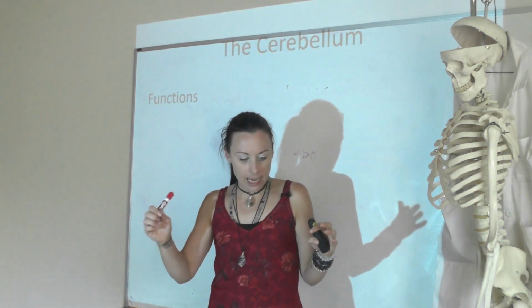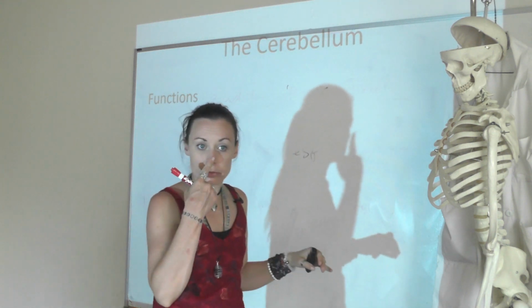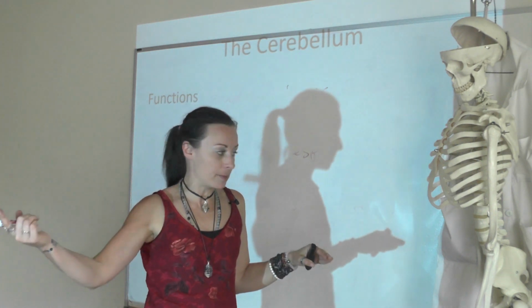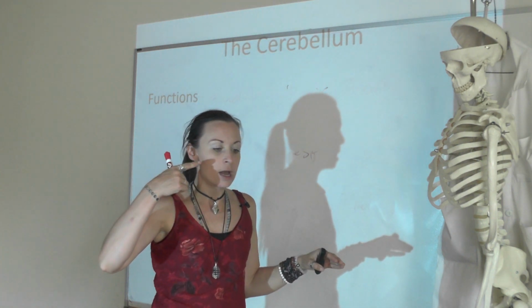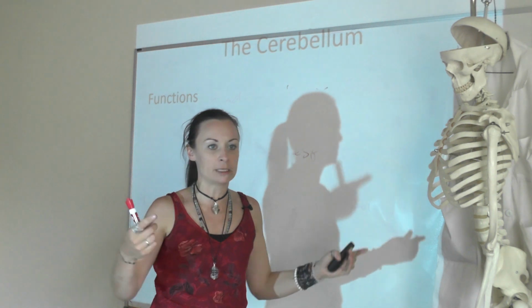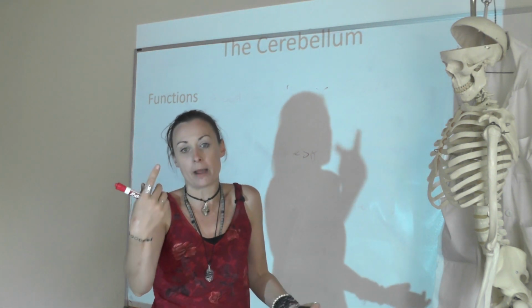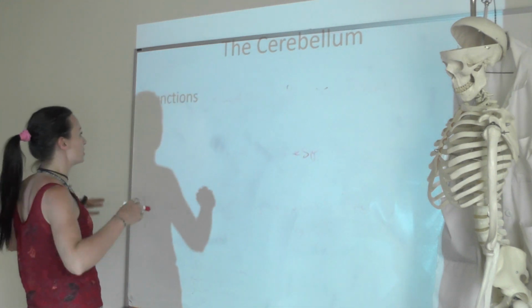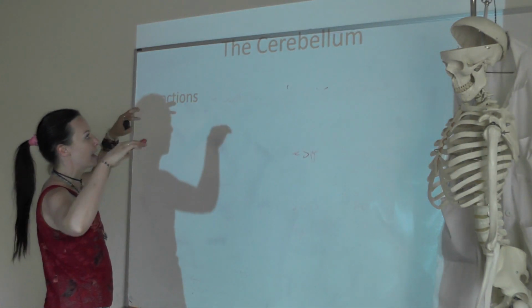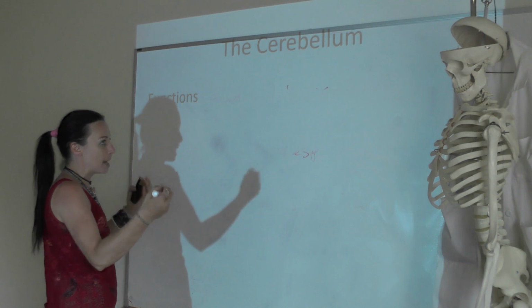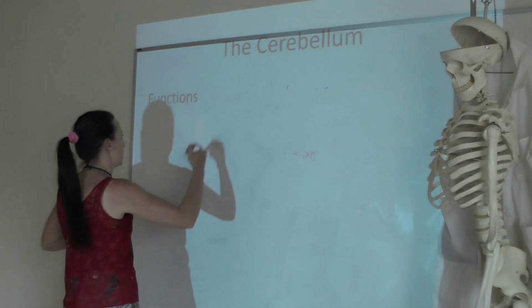So let's say I want to be touching my nose, but instead I am aiming to touch my cheek. My cerebellum should be able to detect that I'm gonna land on my cheek and make the adjustment, so I hit my nose instead. So its function we could think of is to compare output to input and make sure we're doing what we want to be doing.